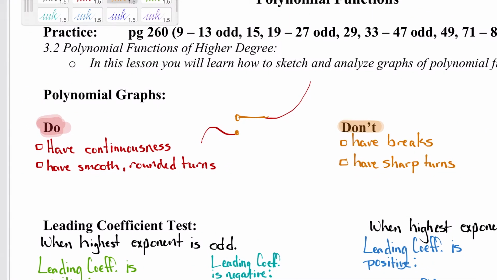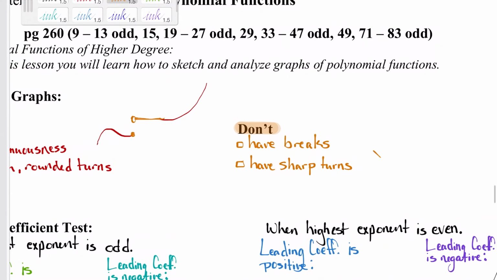If you look at it and you're like, I would not want to ride that roller coaster. That is how I would die. It's probably not a function. So they have smooth, rounded turns instead of really sharp turns. So when we see things kind of like our absolute value function that have this very sharp turn, again, you don't want to ride that roller coaster. If it comes at a turn like that, there's no way, you're just going to crash.